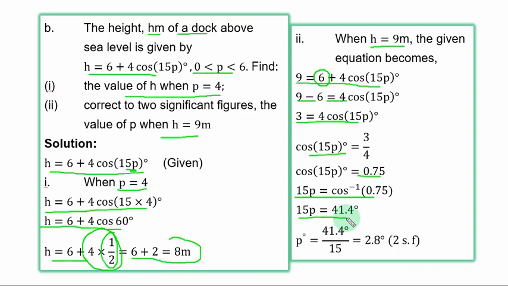To get p, divide both sides by 15. So p is equal to 41.4 degrees divided by 15, and that is 2.8 degrees to 2 significant figures.